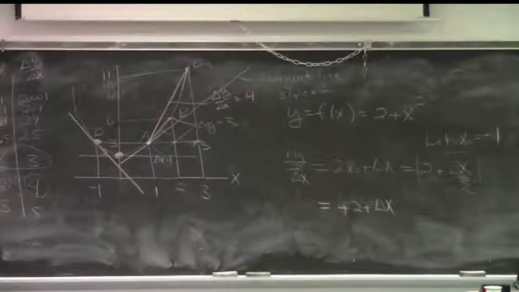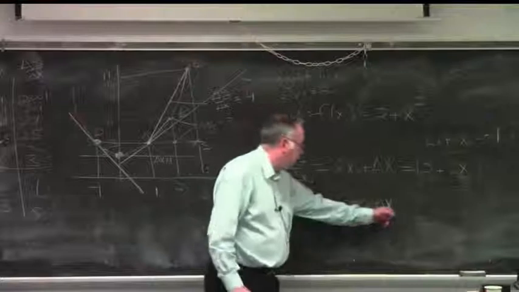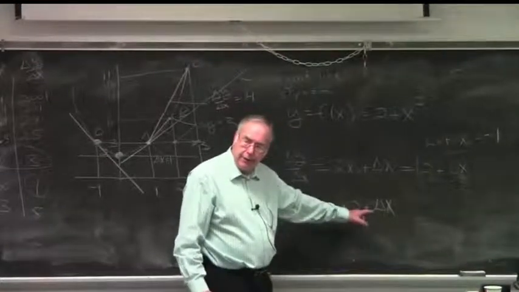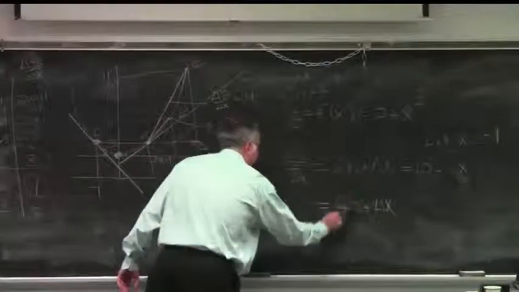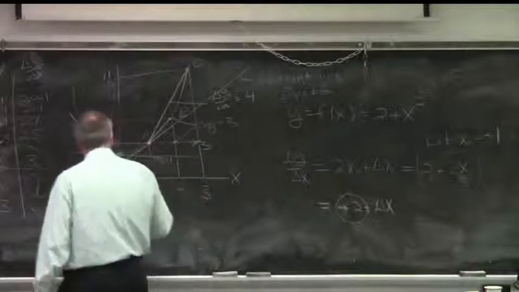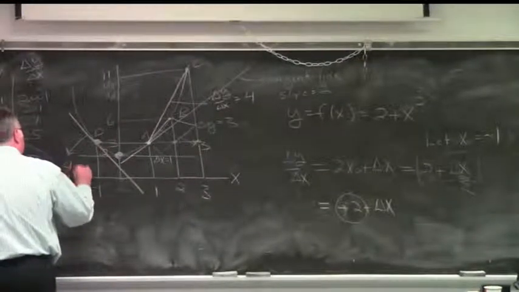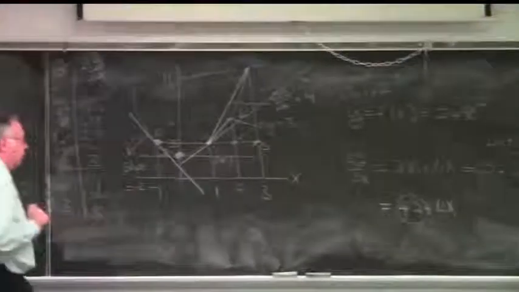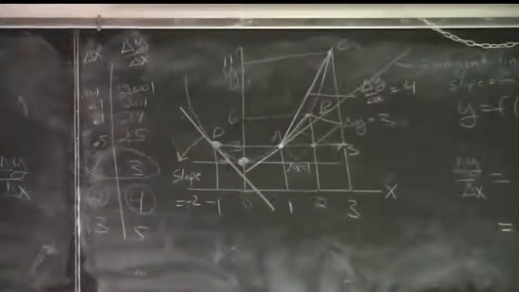Minus 2. This difference quotient right here approaches minus 2 as delta x goes to 0. So that means this part right here is the value of the derivative. So this slope here is minus 2. It's the rate of change of y with respect to x. It's the slope of that tangent line at point D.